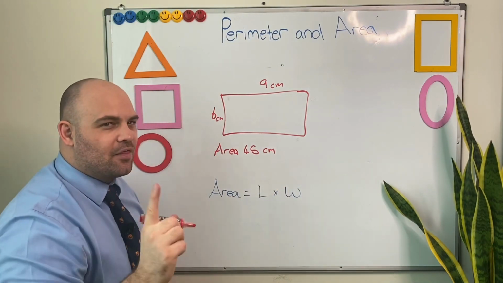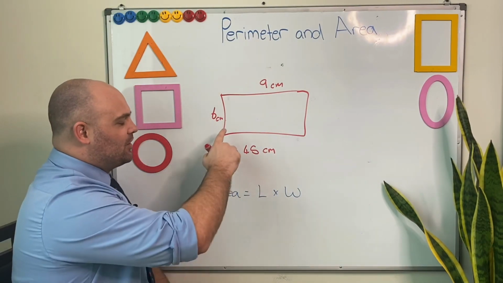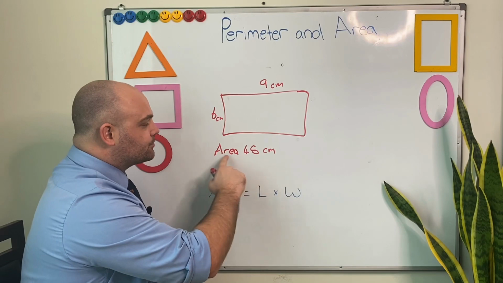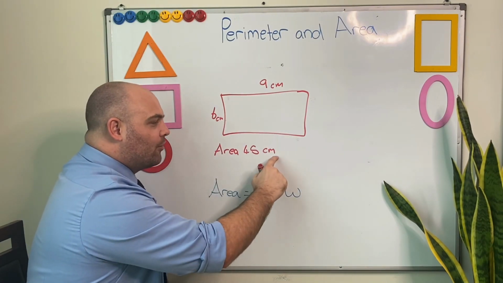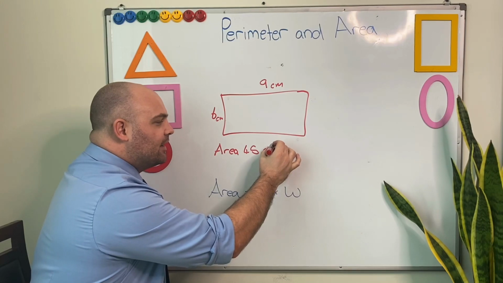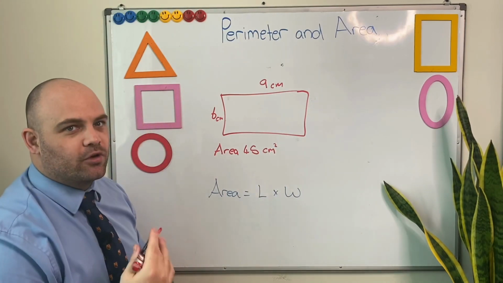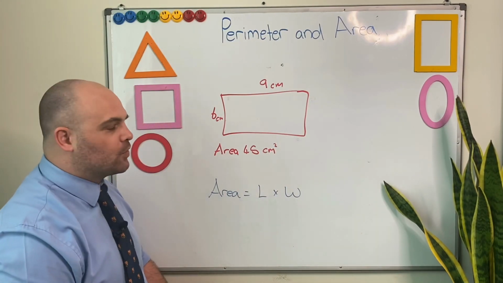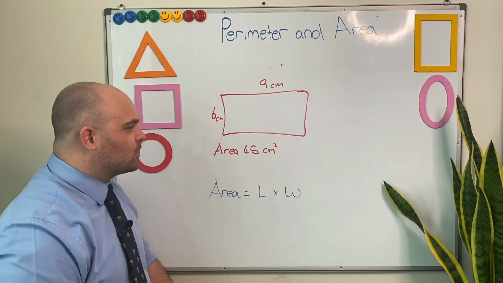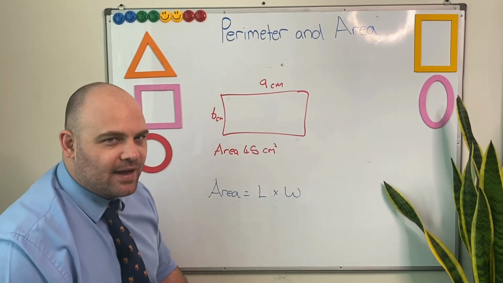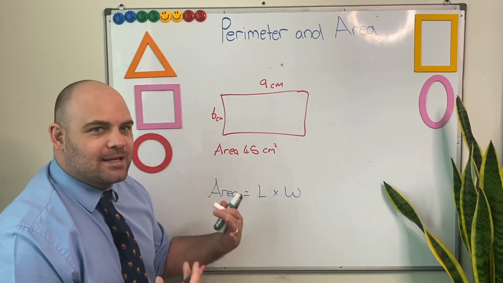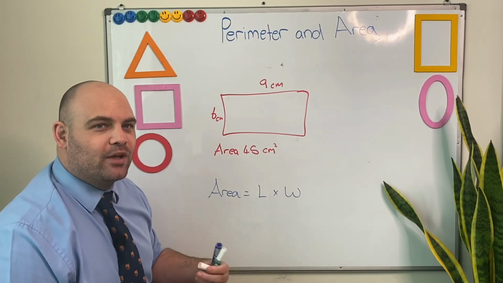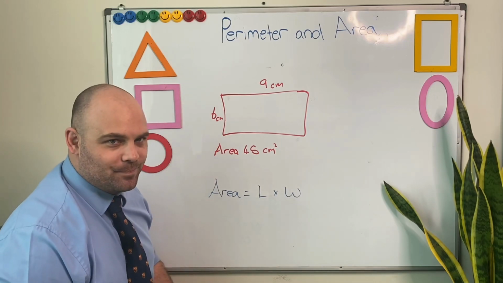centimeters. And now this is something that's very important. If we're finding the area, our units will always be in centimeters squared or kilometers squared or units squared. I'm not going to go into too much detail on that, but the rule is whenever you multiply something by itself, we call that squaring a number.